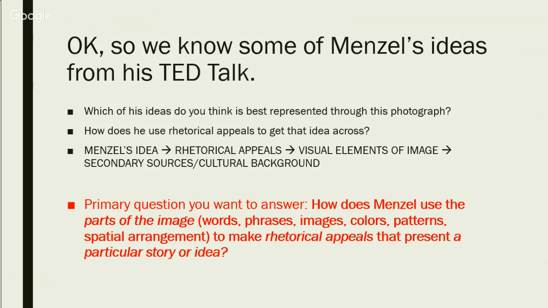So if he's got really bright colors, for example, and the scene seems really happy, and you look up the culture and find out that this culture really values happiness over everything, and they're really into being pretty cool and zen, then you could say Menzel uses bright colors to represent this cultural value of being happy.